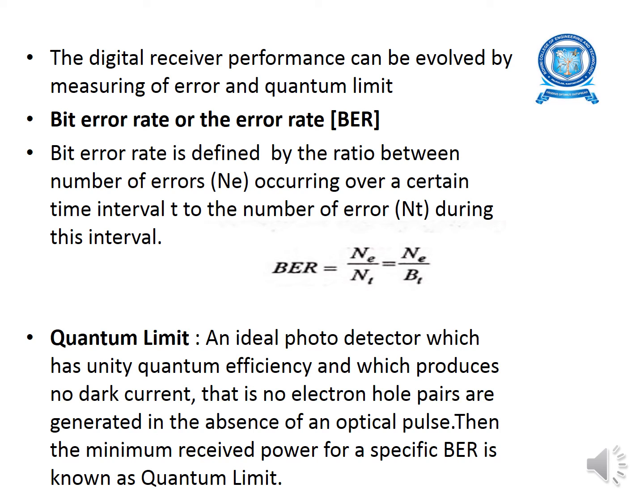The main function of the optical receiver is that it must first detect weak and distorted signals and make corrections for channel distortions. Thank you.